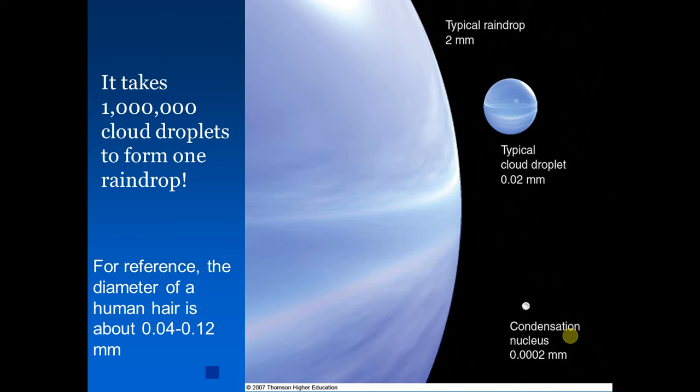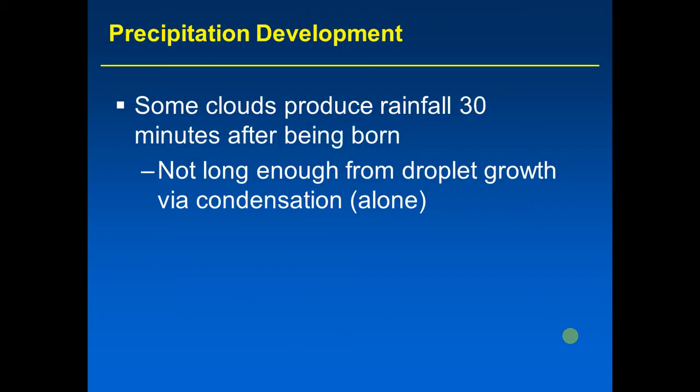Some clouds can begin producing rainfall only half an hour after being formed. And that's not long enough for cloud droplet growth via condensation alone. Yes, as vapor molecules condense onto droplets, they can grow larger.